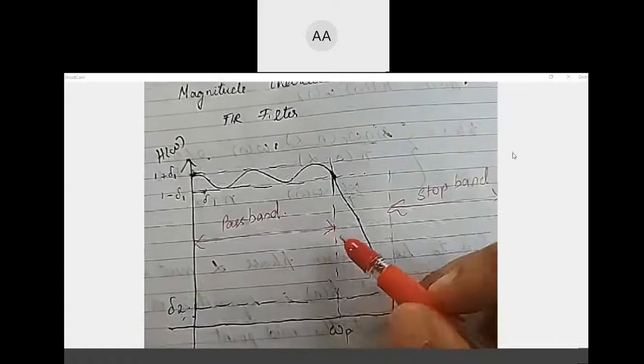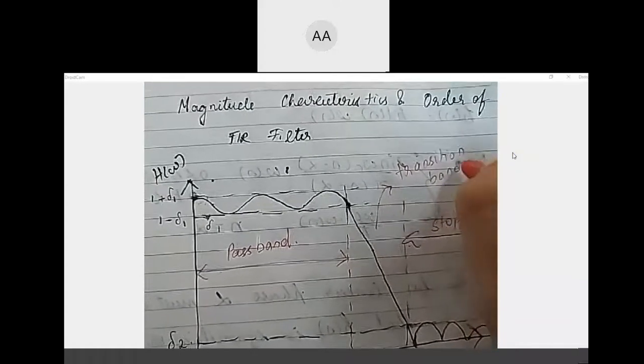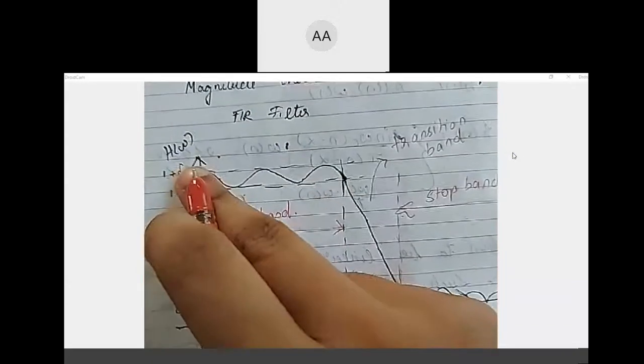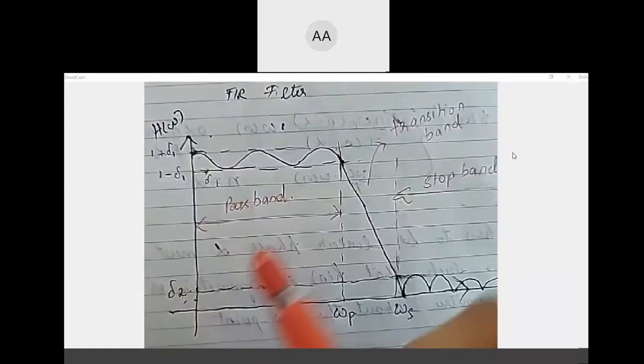But in real life you can see a smooth transition like this. So the band in between is called the transition band. So you have a pass band, a stop band, and a transition band. Here you have the pass band ripples, and here you also have the stop band ripples.